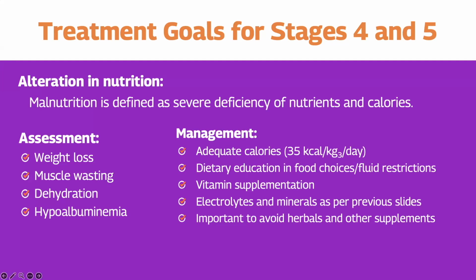Also, restrictions on electrolytes and minerals: sodium is 2 grams per day, potassium 1 to 2 grams per day, phosphorus 800 to 1,000 milligrams per day, and calcium less than 2 grams per day, adjusted based on the patient's laboratory values. Also, any herbal or other supplement must be carefully evaluated for the presence of substances restricted in patients who have kidney failure.